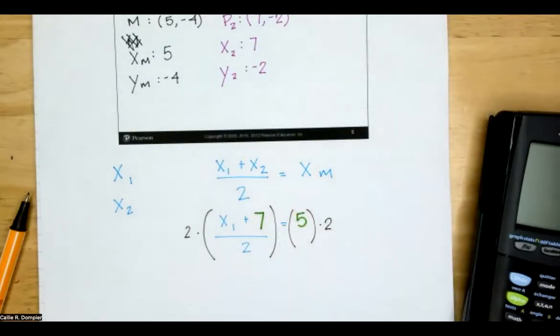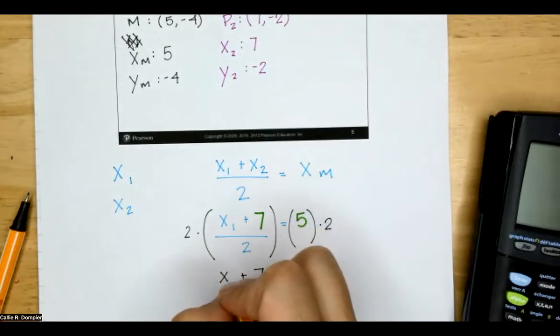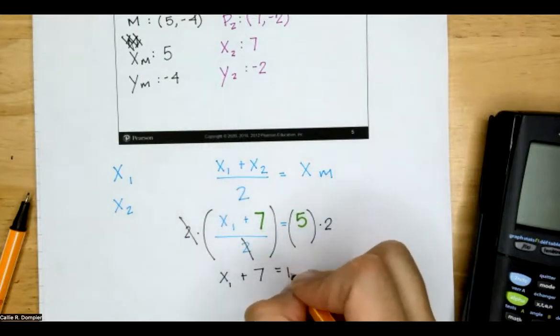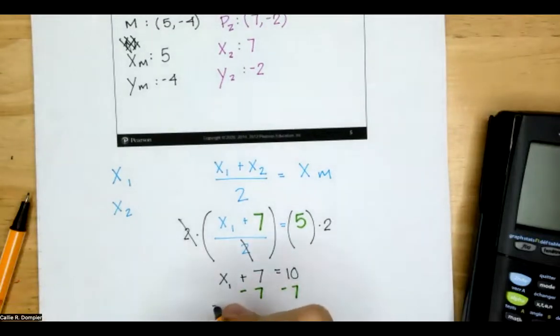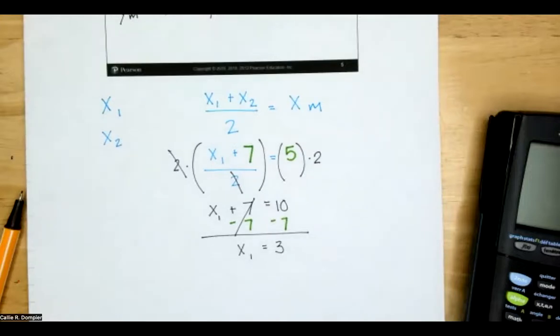Anything I do to this side, I have to do to this side. x1 plus 7, because that cancels that, equals 10. Good. Now I'm just going to subtract 7. 10 minus 7 is 3. Good.